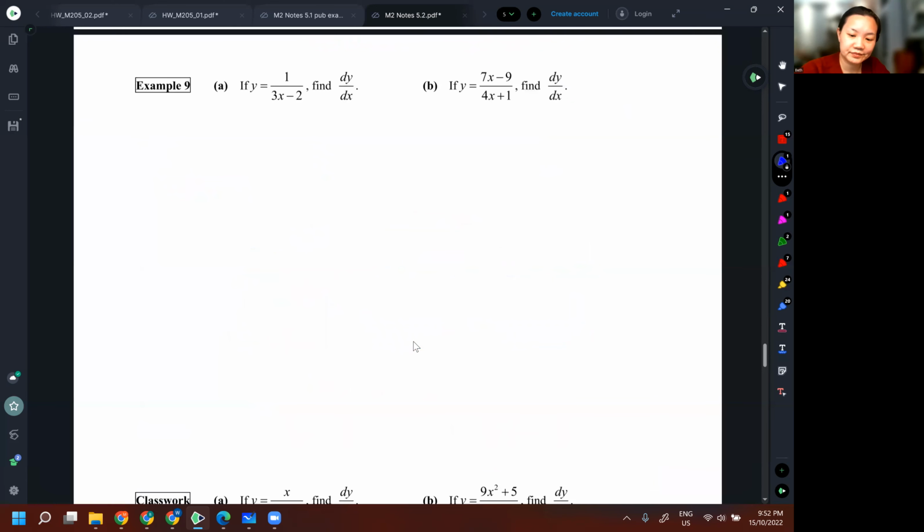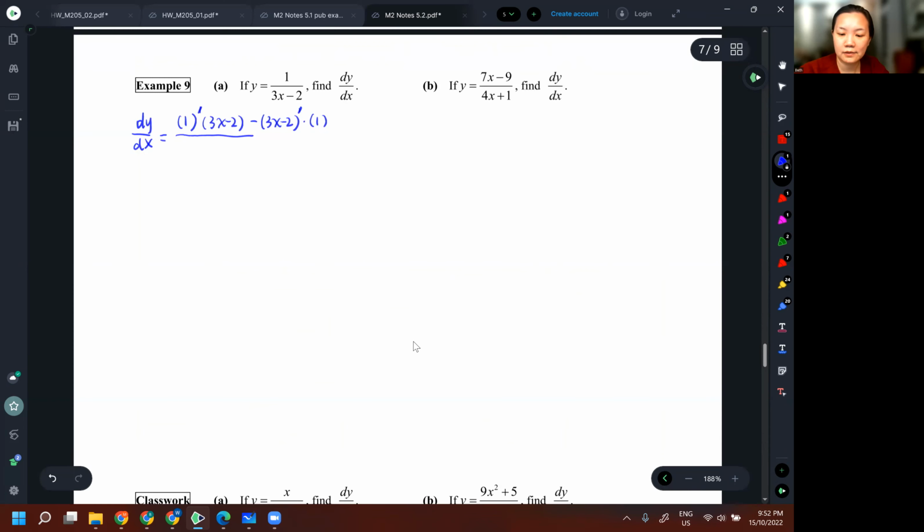This one. This is a fraction. dy/dx is equal to d high low minus d low high divided by low squared.